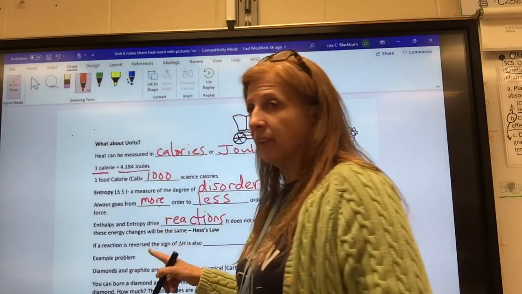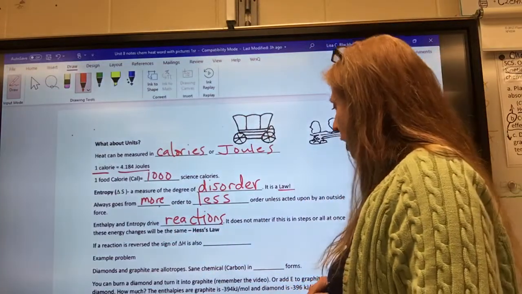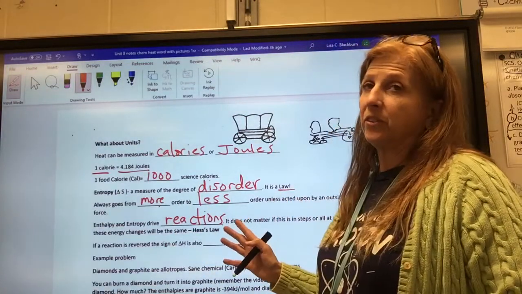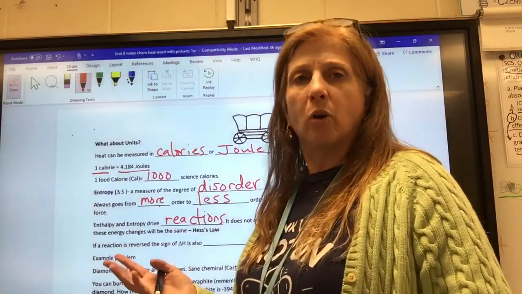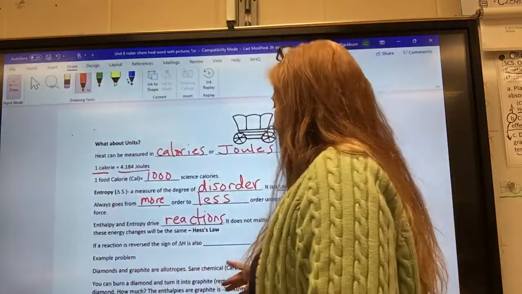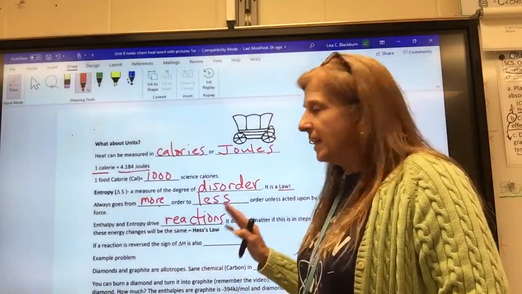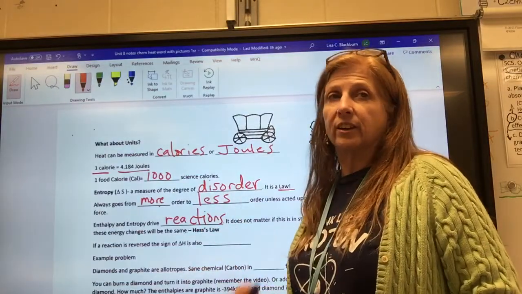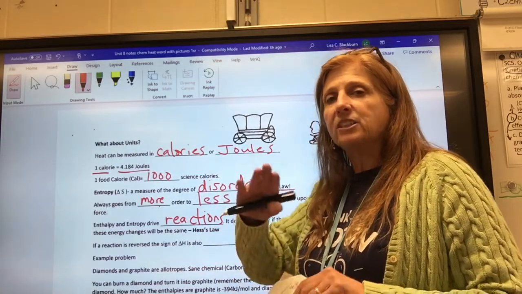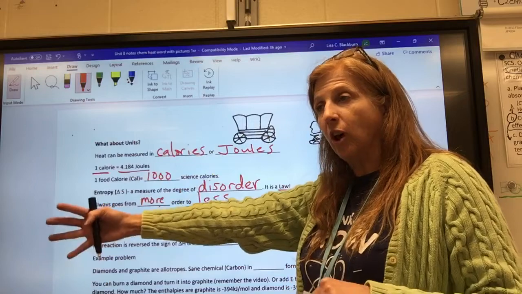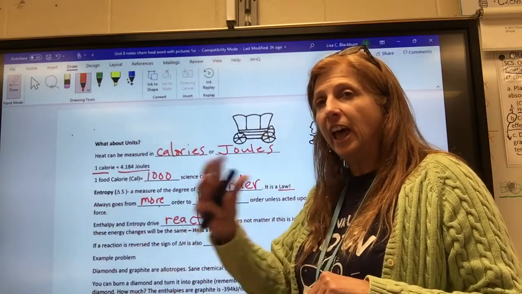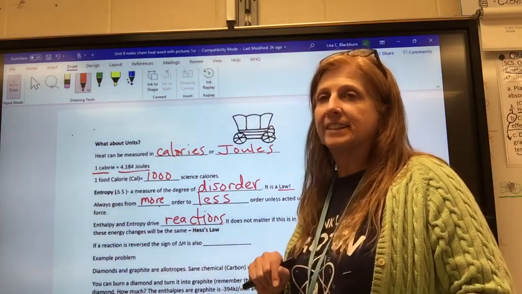And there was a famous scientist, and you will learn more about this in college chemistry or AP, who figured out that when you look at the energy of a chemical reaction, it doesn't matter if the chemical reaction happens all at once or in steps, the energy is the same.